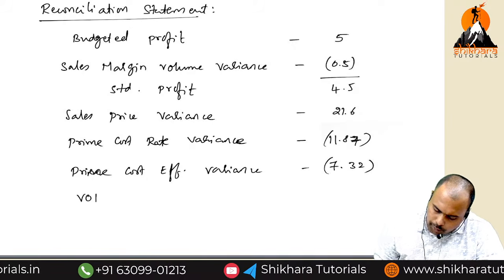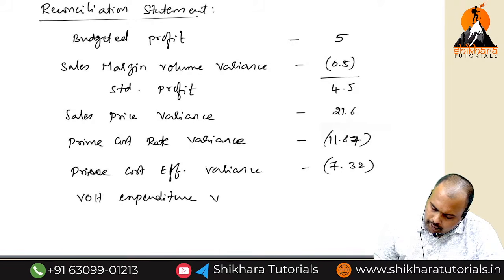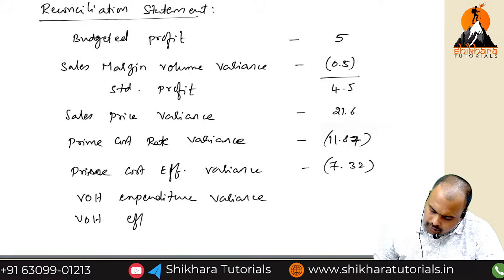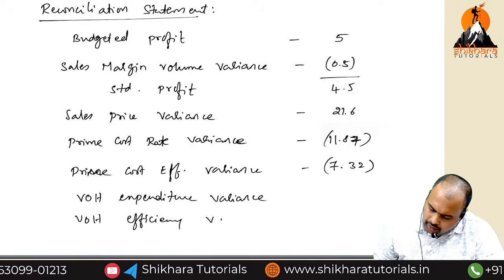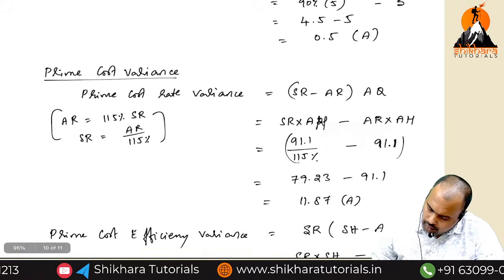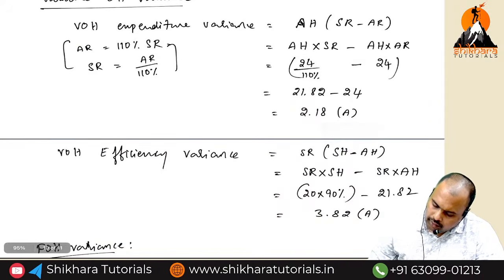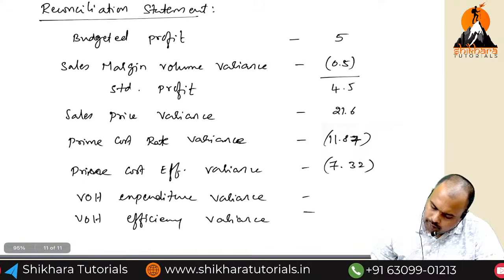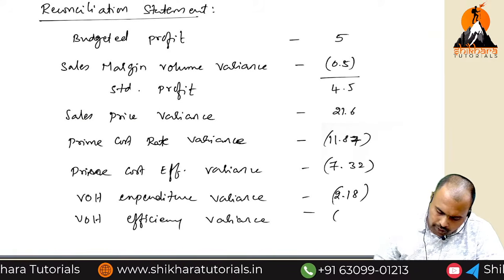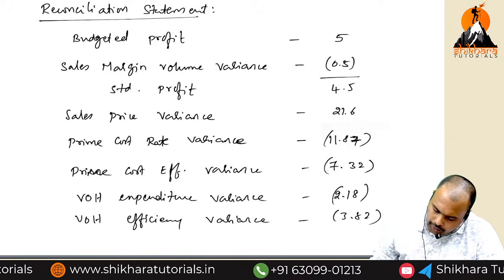Next one, variable overhead expenditure variance and variable overhead efficiency variance: 2.18 and 3.82.